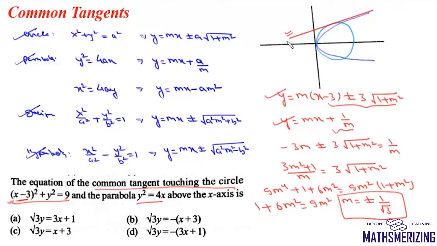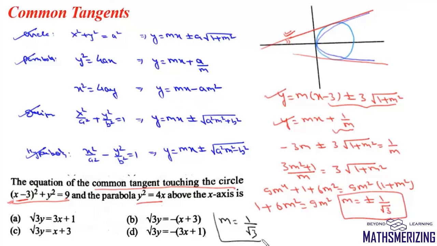Now we need to find the equation of this tangent. So we'll actually have two tangents which are common to this circle and parabola, but we need this tangent, and for this tangent, this line makes an acute angle with the x-axis. So that means the slope of this tangent should be positive. So from here we'll choose the value of m as plus 1 by root 3.